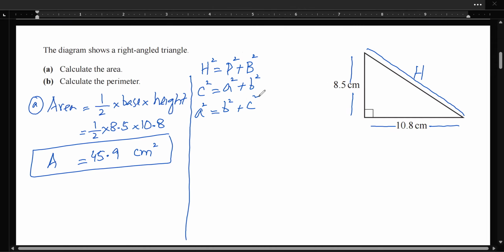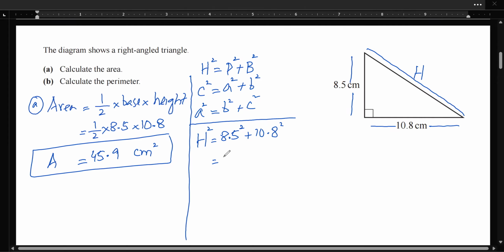But the important thing is, before the sign of equality, you must write your hypotenuse. So we have the hypotenuse here, which is not given, that must be calculated. Then we have 8.5 squared, then we have 10.8 squared. Okay, let's calculate 8.5.